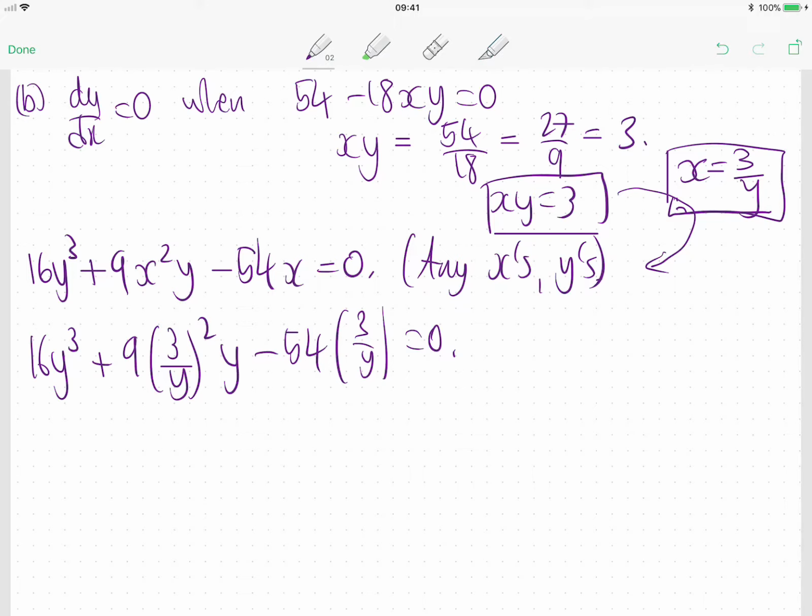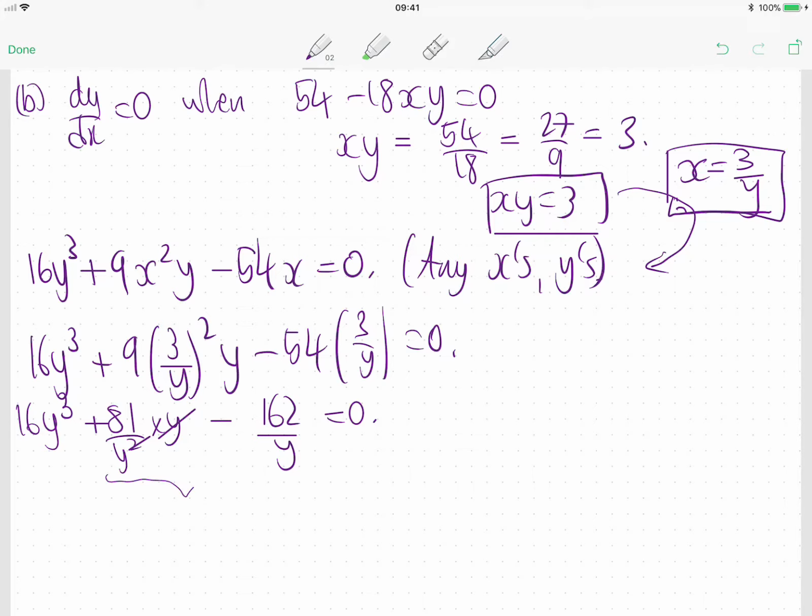Okay, so this says that 16y cubed, so we have 9 times 3 squared, 81. We have a y squared on the bottom times y, and they're just going to cancel, giving 81 over y. This next term is 162 divided by y equals 0.